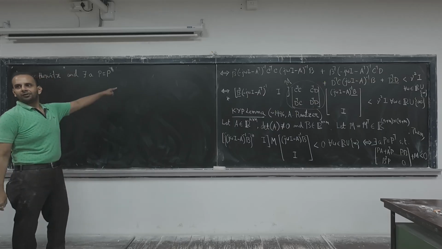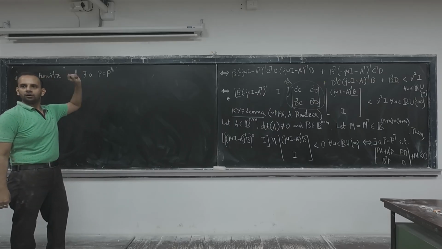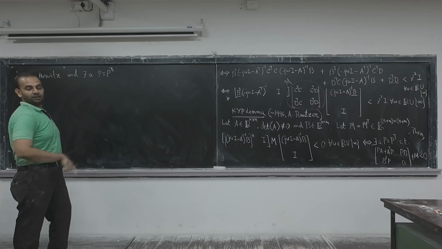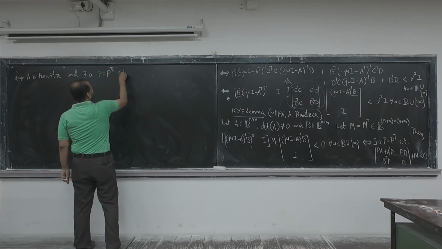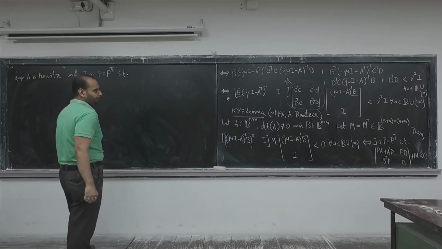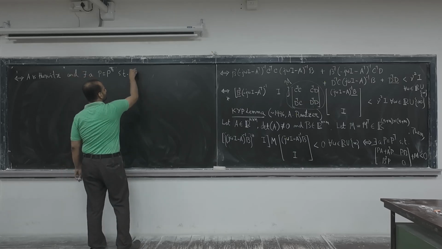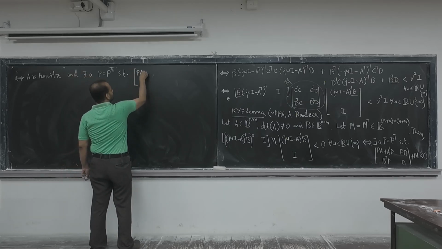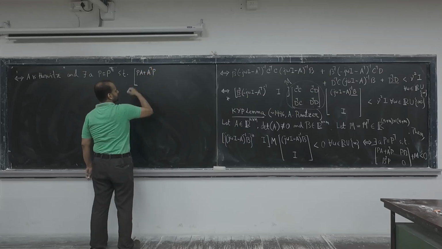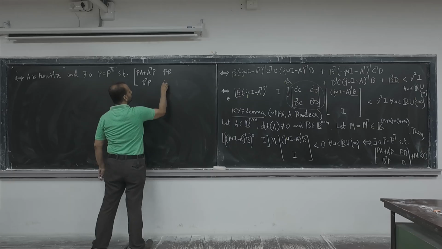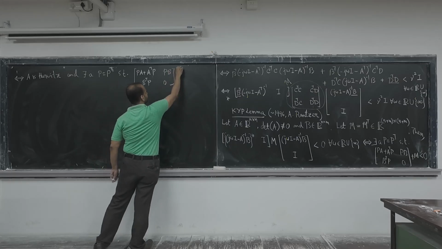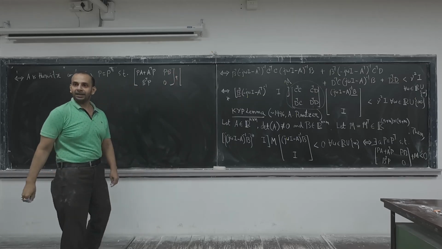At this moment, I cannot write whether it is positive semi-definite or positive definite because that definiteness condition is not there in the KYP lemma. Such that PA plus A transpose P, PB, B transpose P, 0, plus I have to write the M. What is my M matrix?